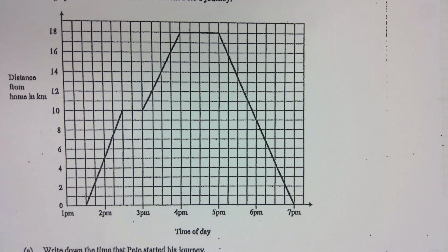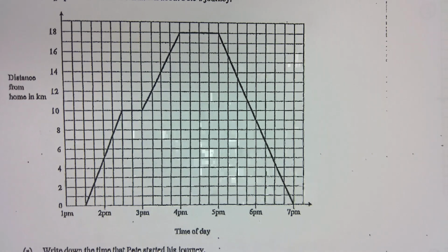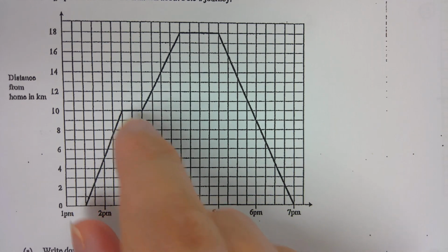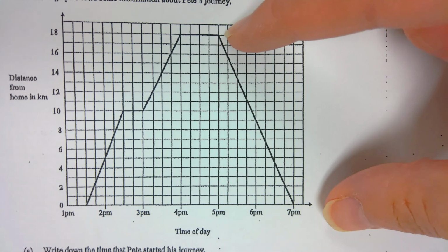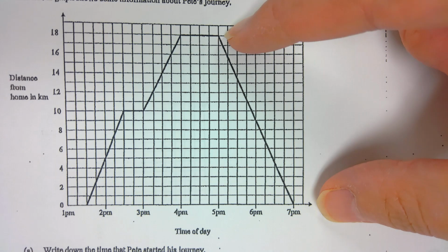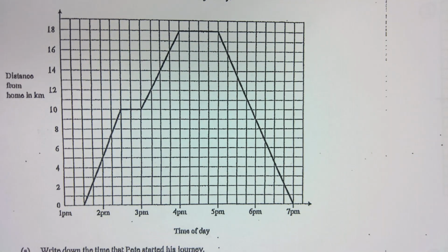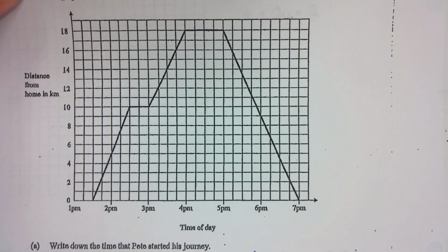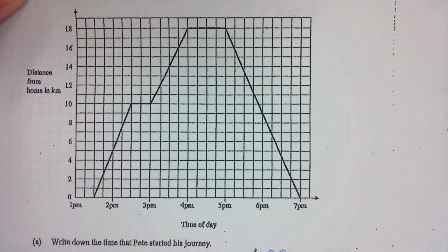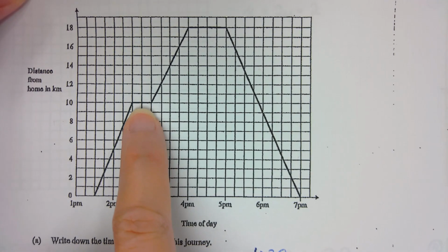Oh yeah, definitely. So this part is 10. Yes, that's 18 plus 2, times 2, which is 36, I believe. Right. 36 kilometers. Perfect.